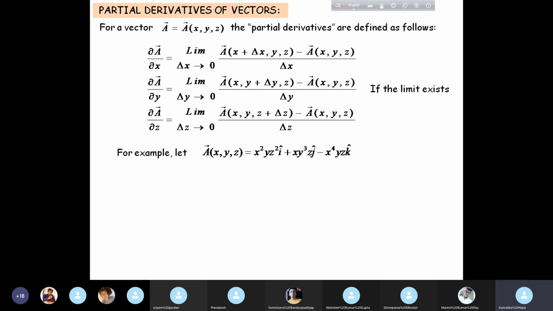Can someone quickly calculate and tell me? Is someone trying the sum? Please unmute and tell me.